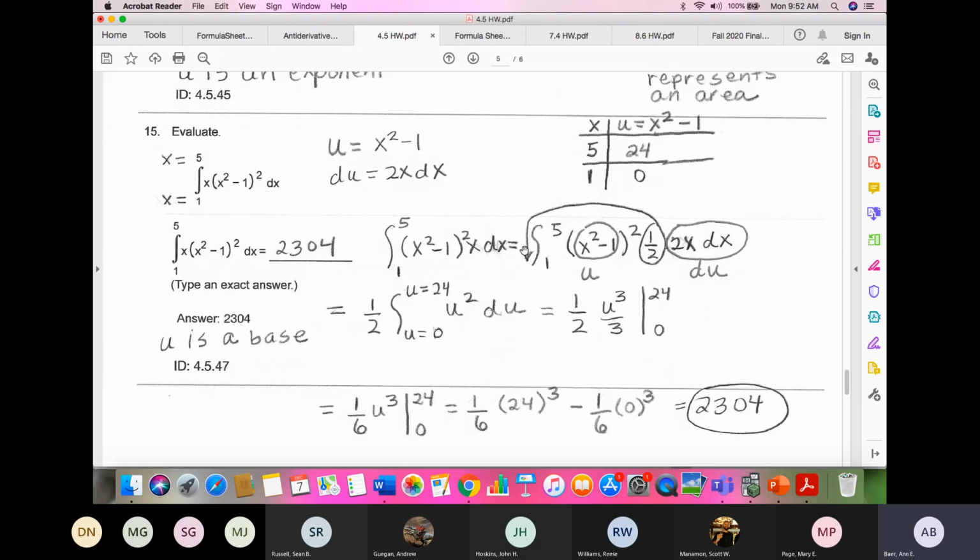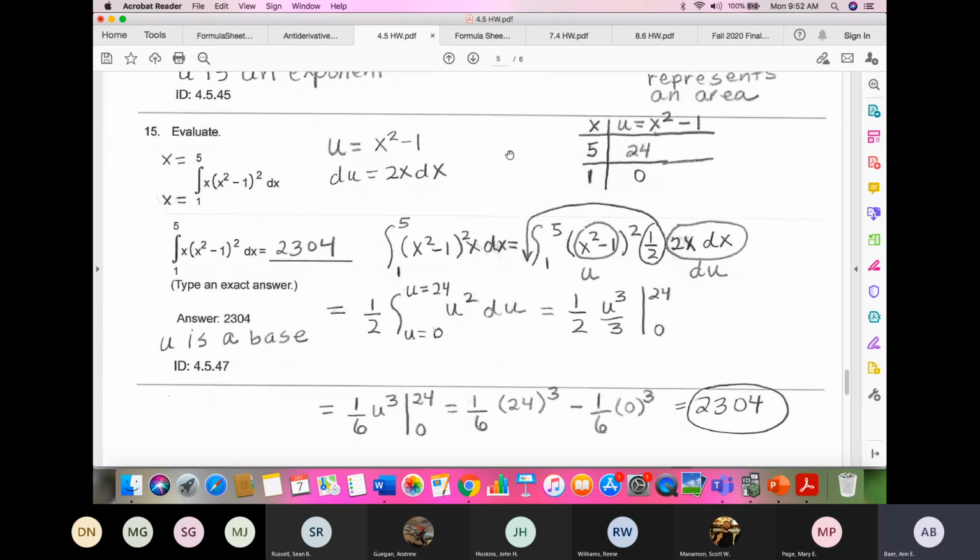And before we go any further, we have to deal with these limits of integration. What I would recommend is that you convert them to u's. It's easier to work that way. It's more complicated otherwise, because at some point you would have to get them back to x's.